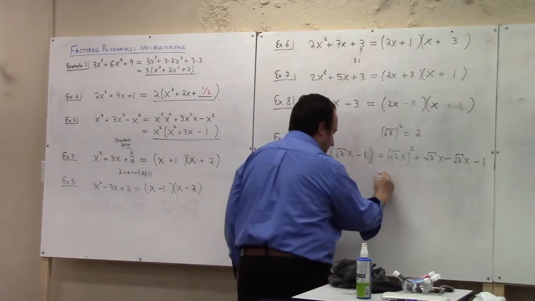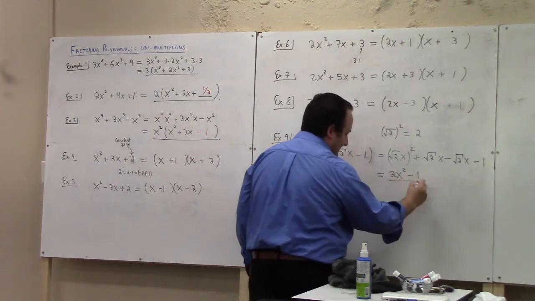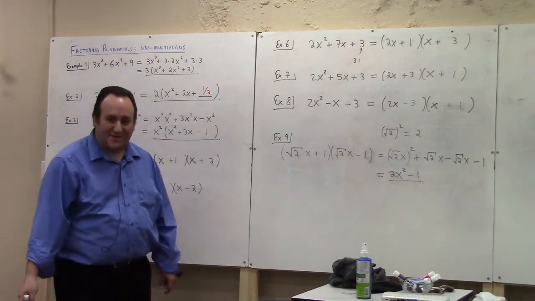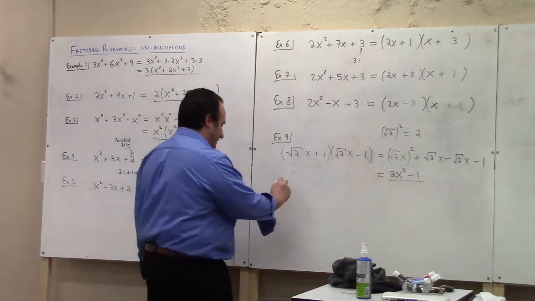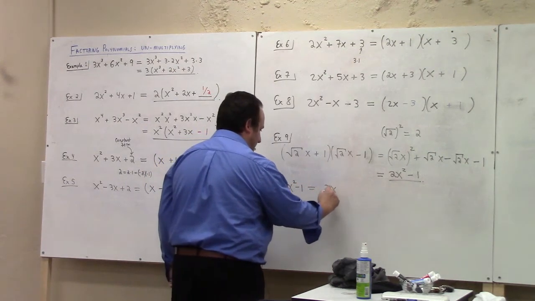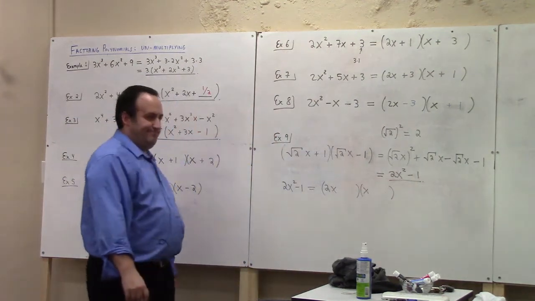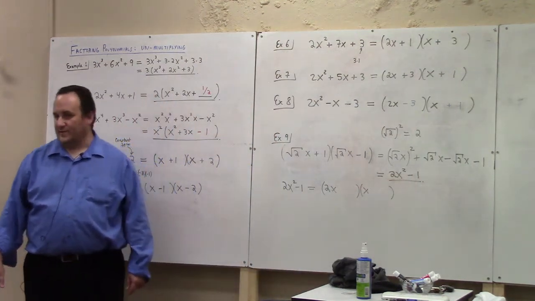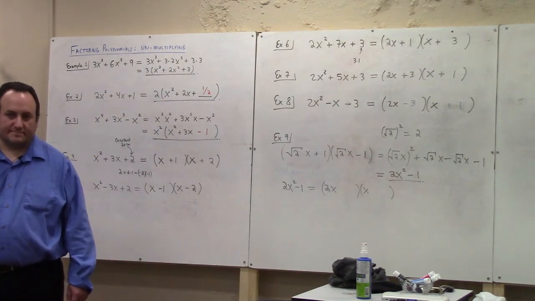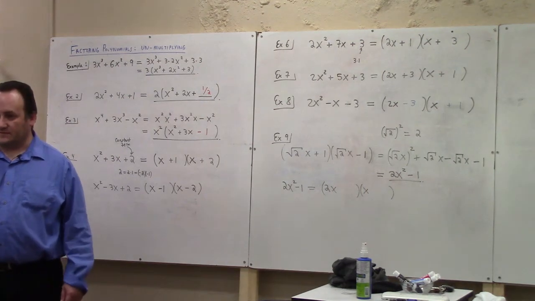So this would give me 2x squared minus 1. So my point to you is if we're given 2x squared minus 1, and then we try to do this, it would not be wise, right? That's not going to work, because that's not actually how it factors, right?